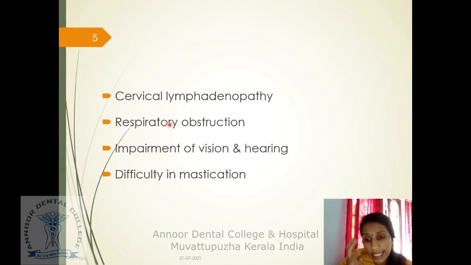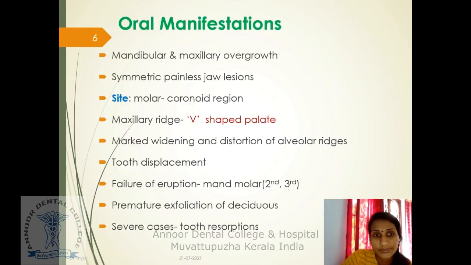There is swelling or expansion of the jaw bones, so breathing difficulty will be present. The eyes are being affected, so there is impairment of vision as well as hearing. And since the bone is being resorbed, there will be difficulty in mastication due to loosening of the teeth. Also the jaws are expanded, so mastication and the occlusion get altered, and mastication becomes really difficult.